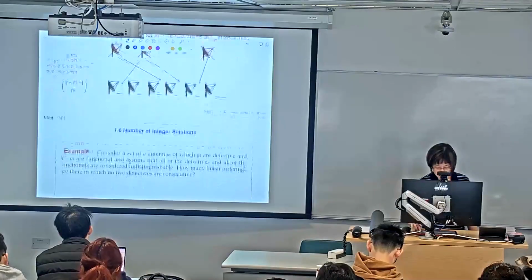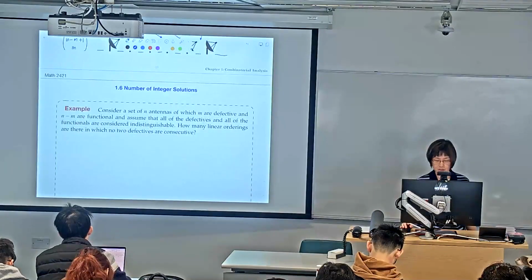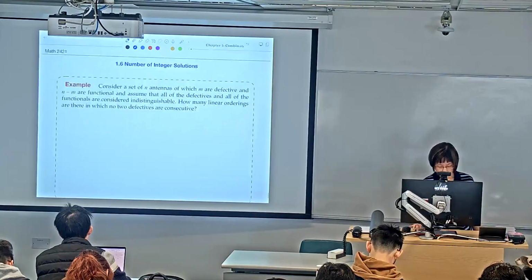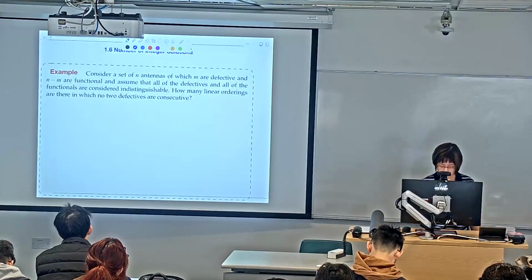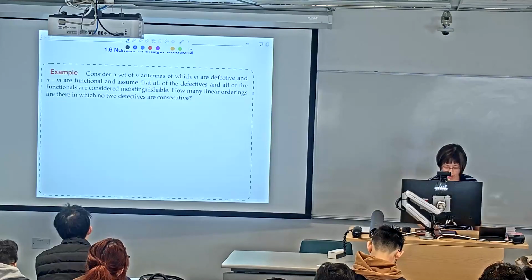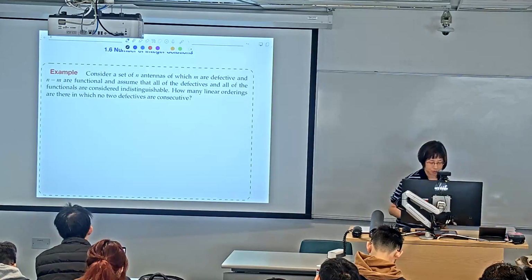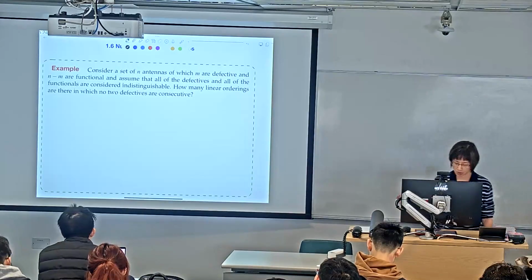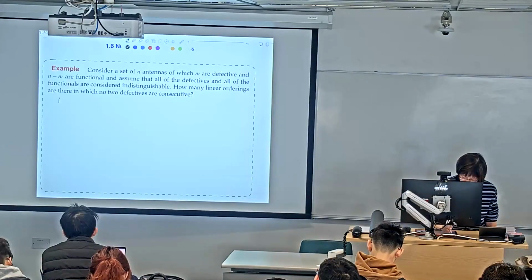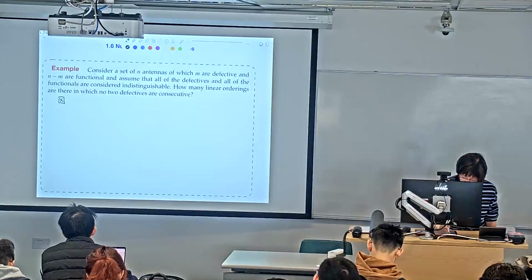Now we can solve it in a different way. Here I just get you started, and I want you to finish it yourself. I will put the complete solution on Canvas later. So this time we can first line up the defective ones. Let me use a cross box.